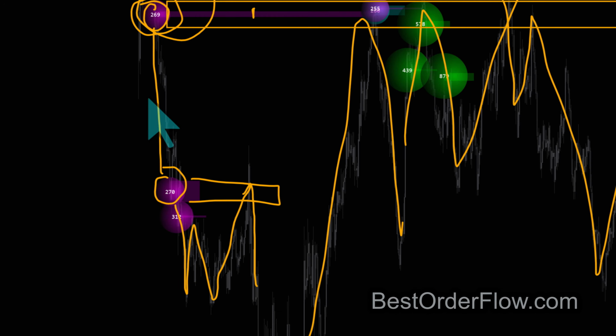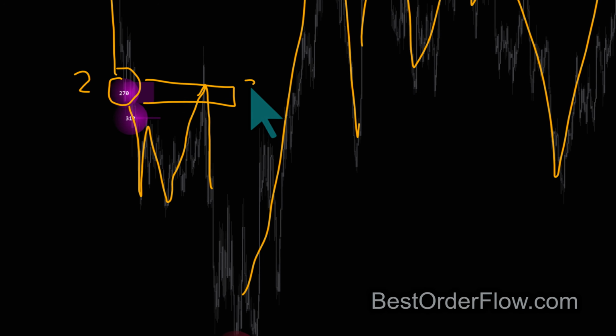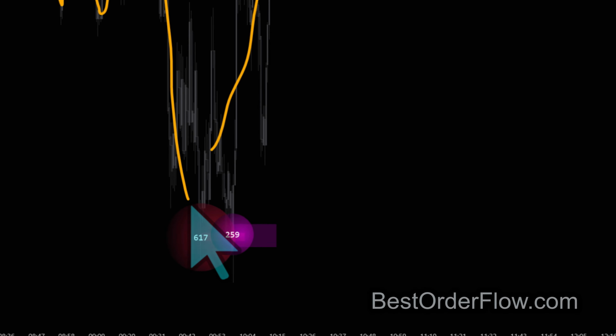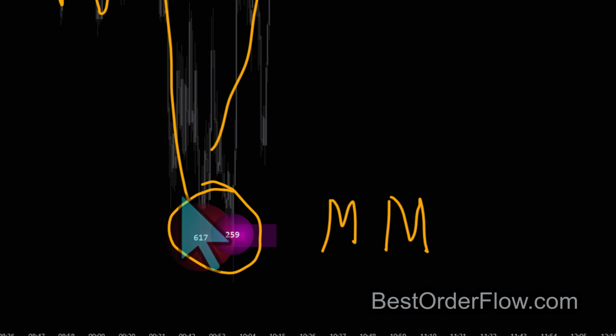So we can re-enter. The first entrance can be right over here, the second entrance over here. We can re-enter over here into the short position. This is the market maker hedging, roughly 900 to 1,000 in volume.